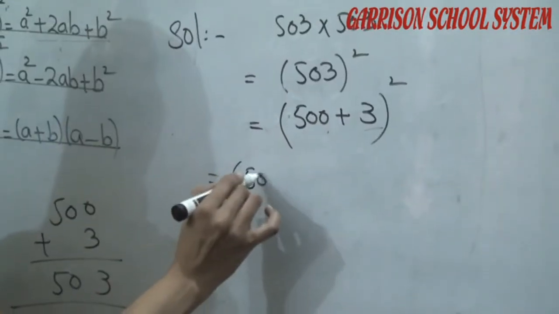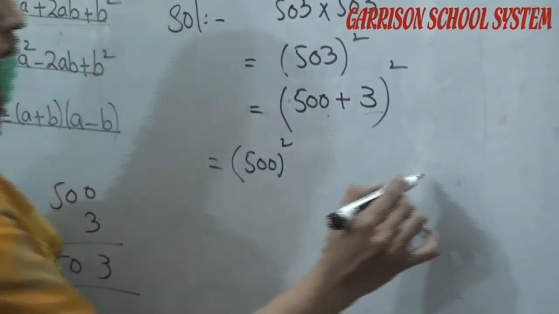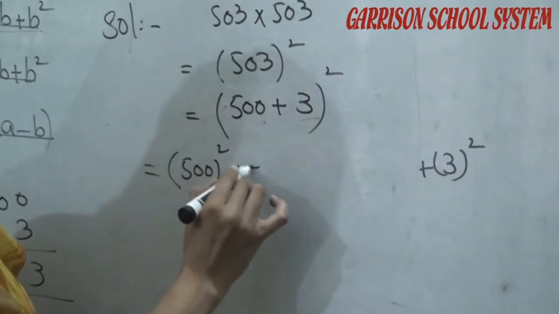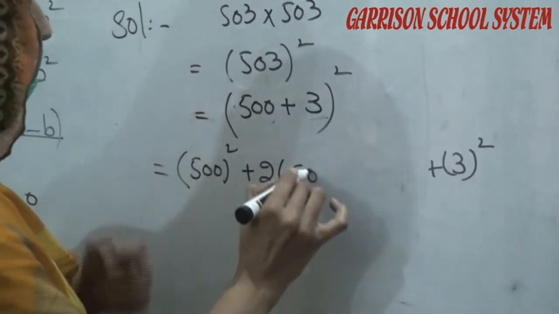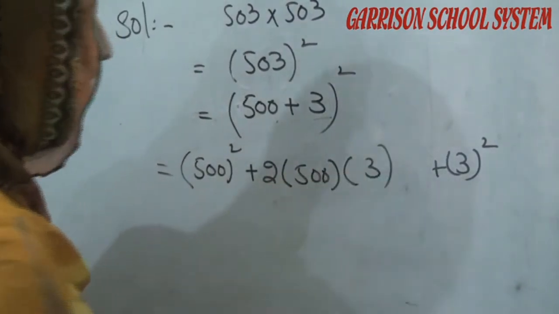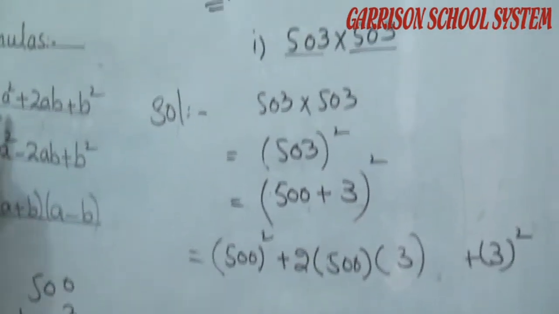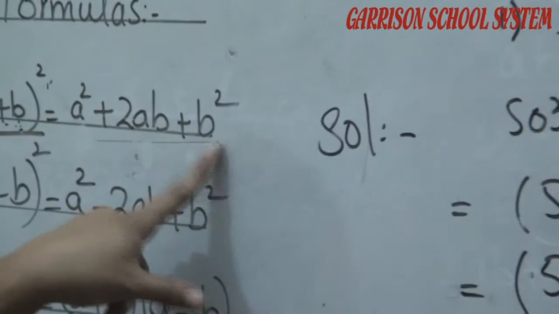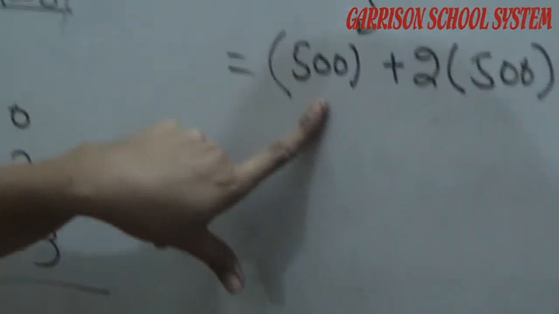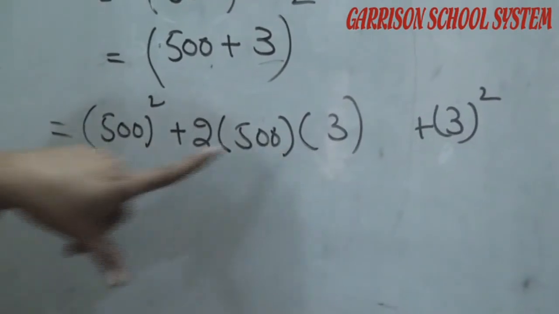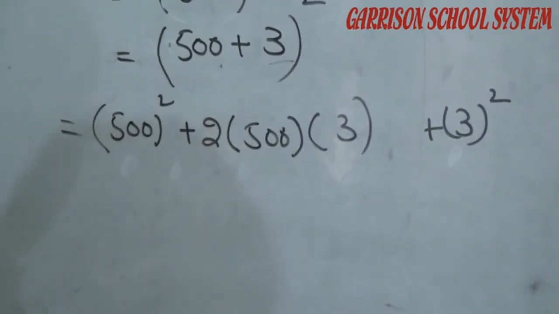The first term square and last term square plus 2 into first term into last term. According to this, A square plus 2AB plus B square. First term square plus last term square plus middle 2 into first term into last term.